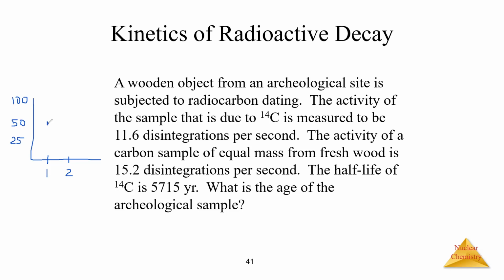After one half-life, we'll be down to 50. And then after 2 half-lives, we'll be down to 25. So in each case, we're losing 50% of what we already had. And the half-life itself is going to be the same length. But with each subsequent half-life, since we only had 50% of the previous one, the absolute quantity that's decaying is going to be less in each case.